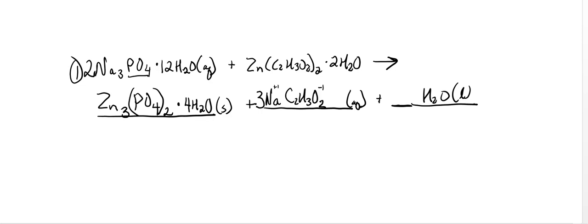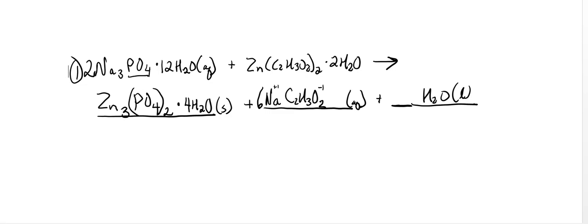And that, of course, messes up our sodiums. How many sodiums do we have on the left now? 6. How many do we need on the right? How many Zns do we have on the left? 1. How many Zns do we have on the right?